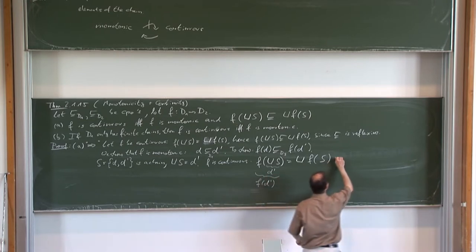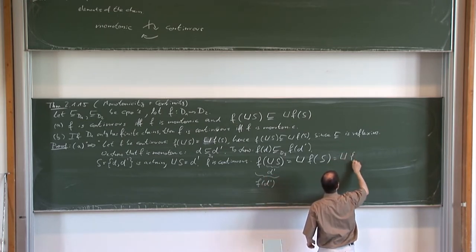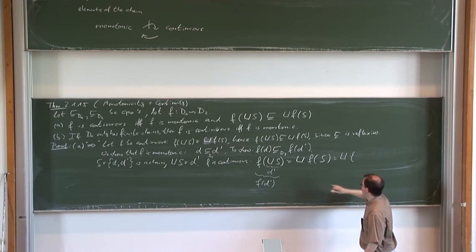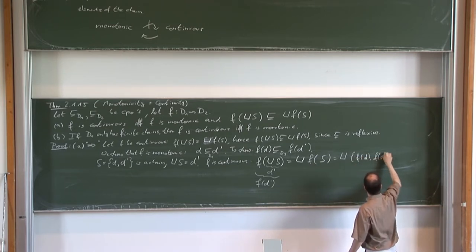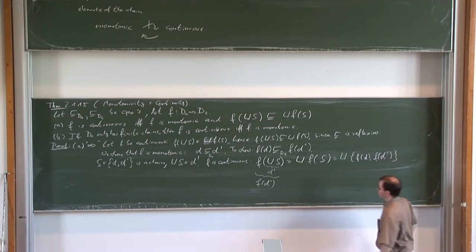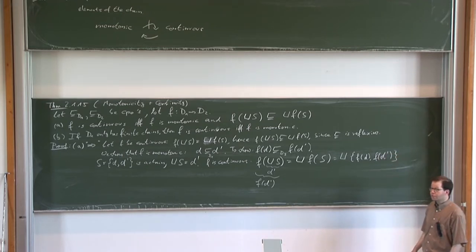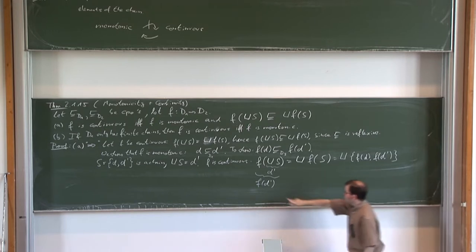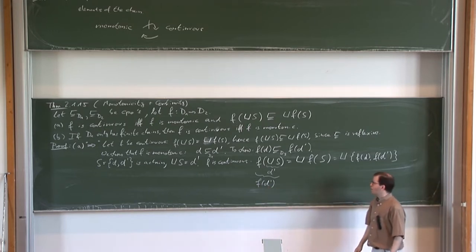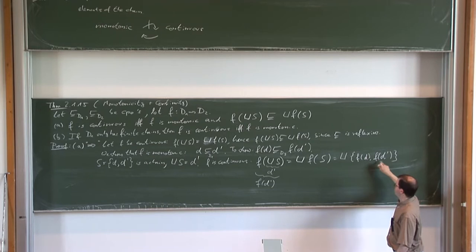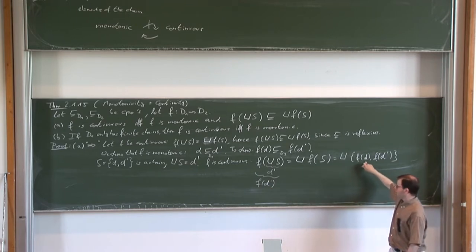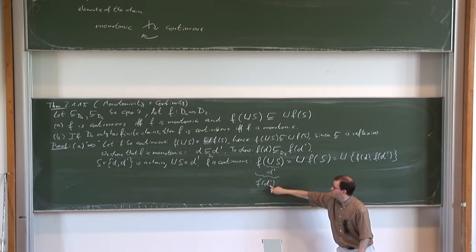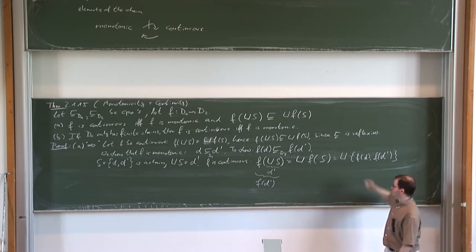Now what is this? This is the least upper bound of f applied to all the elements of S. So there are just two elements, f of d and f of d prime. So what this says is that f of d prime is an upper bound of f of d and of f of d prime. Now if f of d prime is an upper bound of f of d, then this means f of d prime is bigger or equal than f of d.